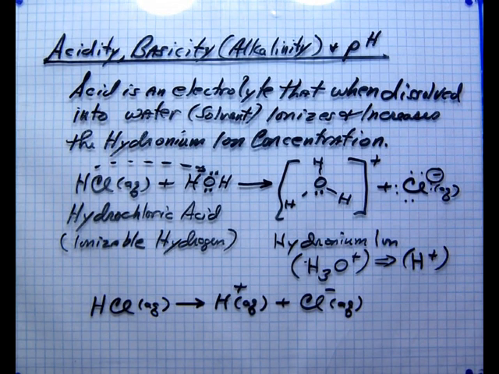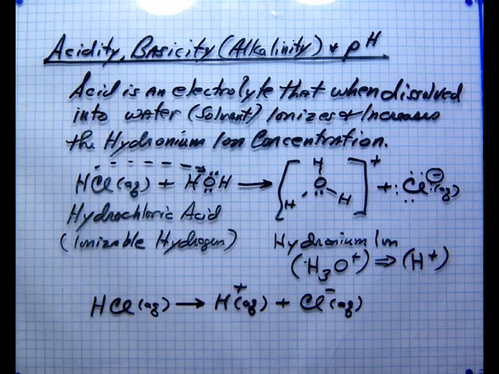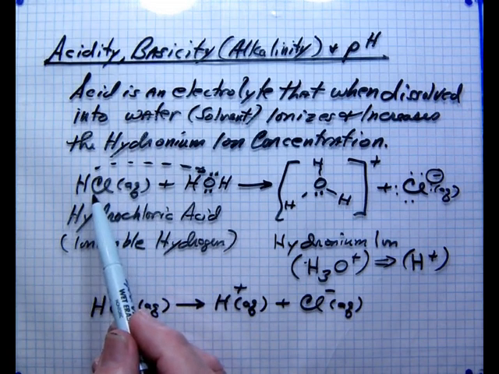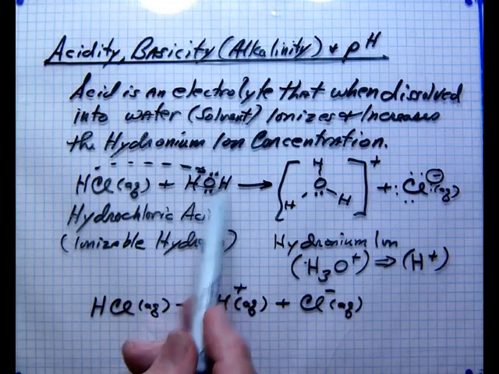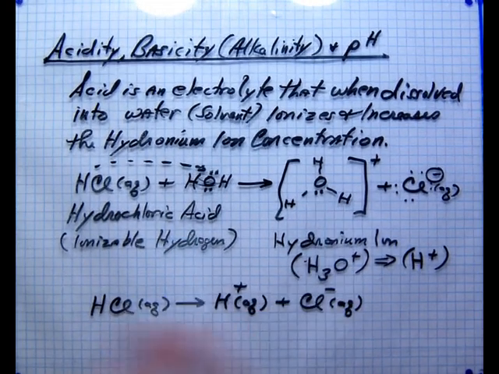Another definition of an acid is a compound which, when placed into water, functions to deliver or act as a proton donor. And such as this I've shown originally. So HCl placed into water donates its proton to a water molecule forming the hydronium ion.